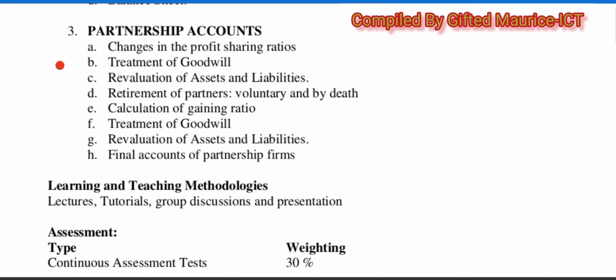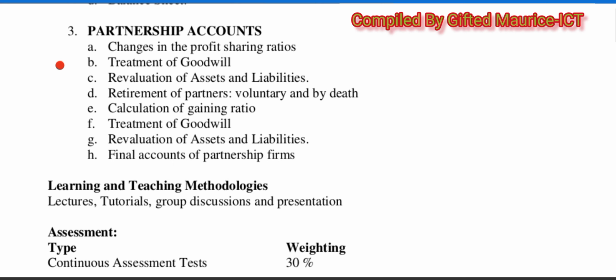So in this course, we will only pay attention to the final accounts of partnership firms. And in this case, we will be looking at a number of things. Number one is admission and retirement of partners.